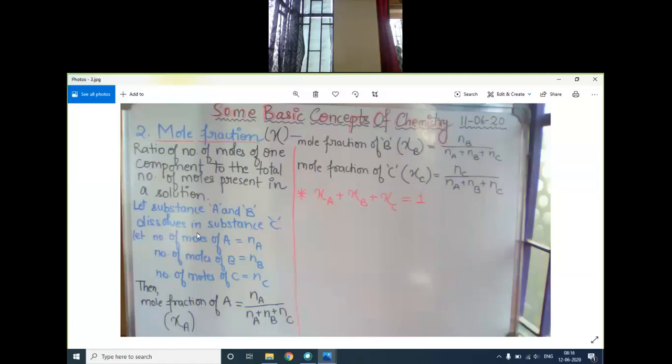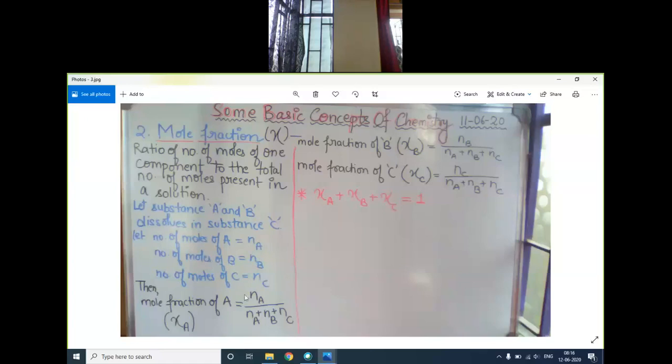Now we have to calculate moles, because for mole fraction we have to calculate moles only. So I am calculating moles of substance A, substance B, substance C. Let us consider first the number of moles of A as nA, number of moles of B as nB, number of moles of C as nC.